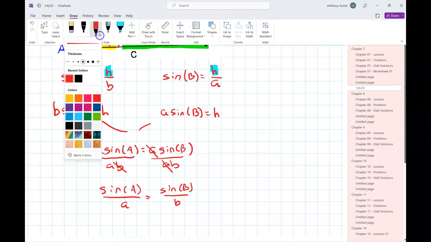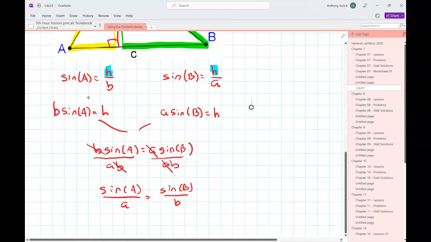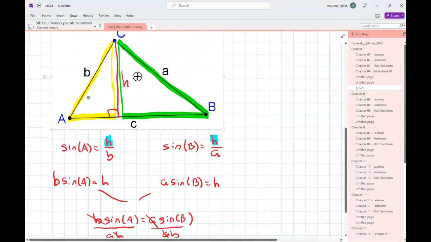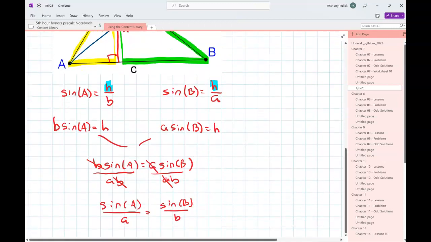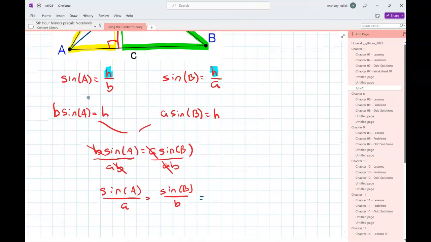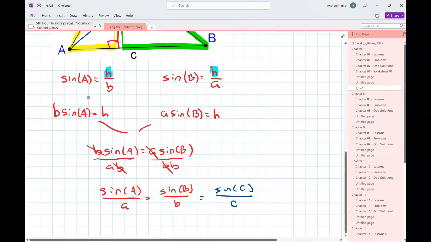Now to complete this, what I would do is just repeat the process. So I draw in another altitude, either from A or B, it doesn't really matter. I repeat the process again, and all that's going to do is get me that this is also equal to, shockingly, sine C over C. I assume most of us would have guessed that was coming.